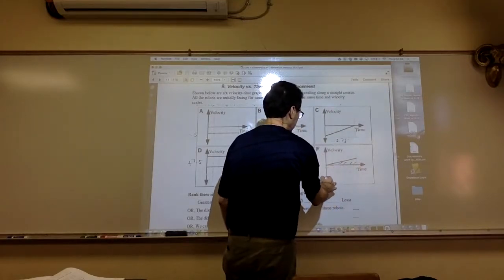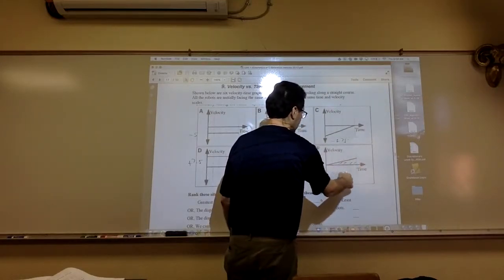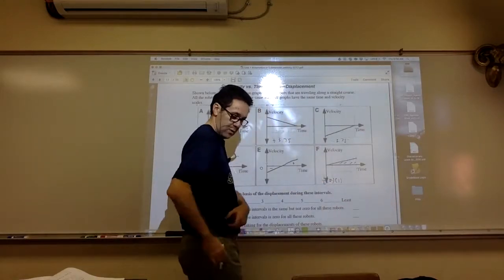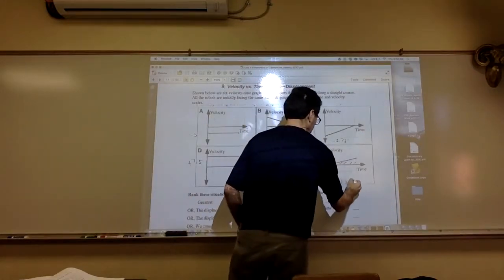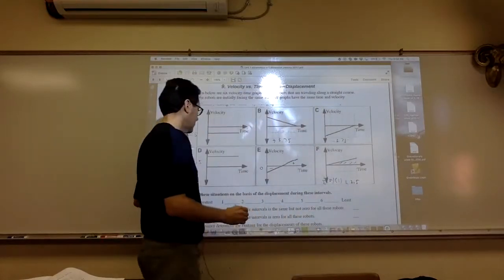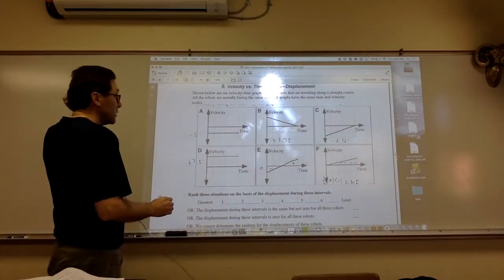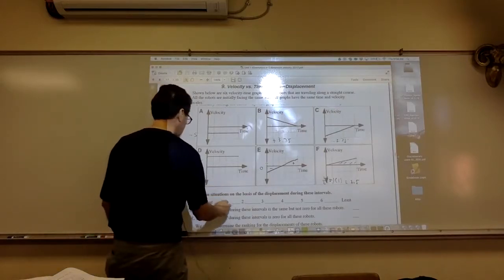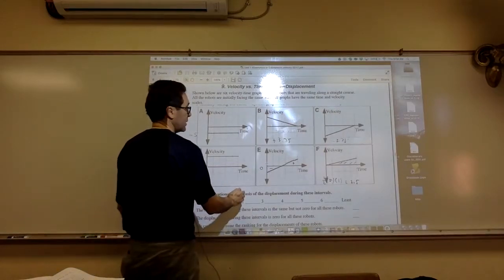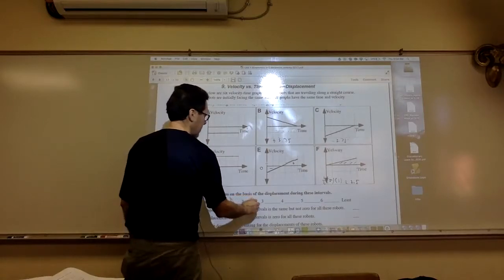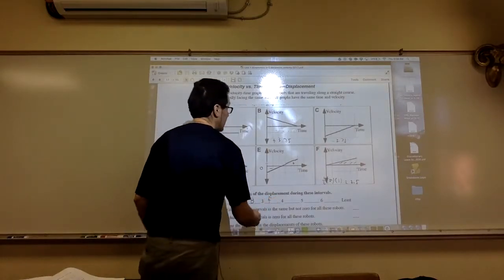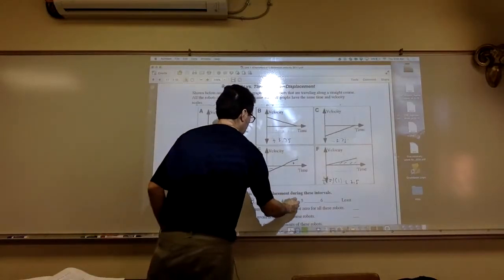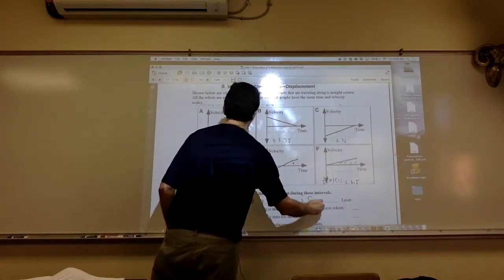So it's 1/2. 1, 2, 3, 4, 5 times the height, which is 1. So that should be 2 1/2. Okay. So if we're going to rank them, it should be D first. Then comes B. Then comes F, then comes E, and then C, and then A.